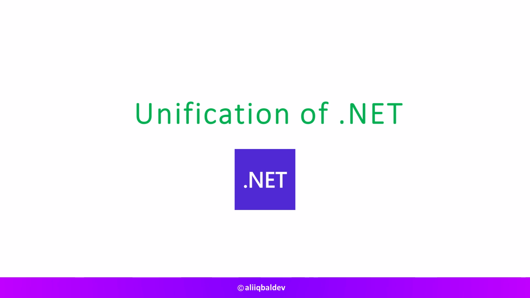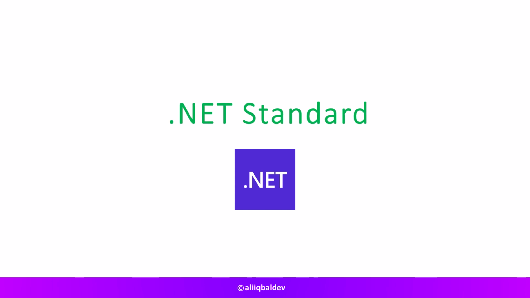Now Microsoft has been working to give developers the ability to share code, and the most commonly used approach to allow us to share code between these different platforms is, or was, .NET Standard. .NET Standard has been around for quite some time, basically allowing us to create a library in which we write our code and that can then be referenced from different .NET platforms.